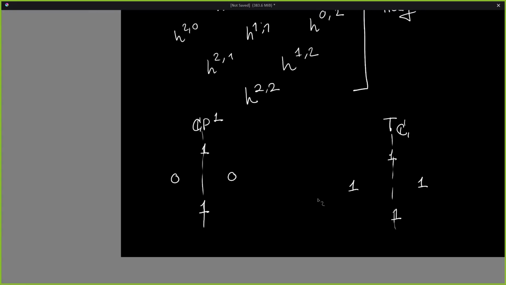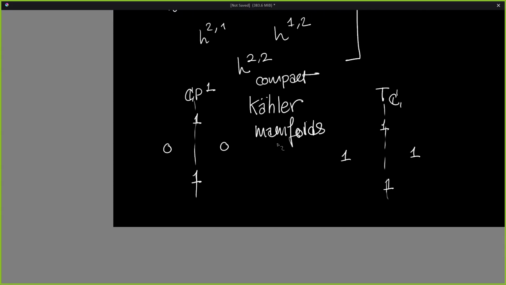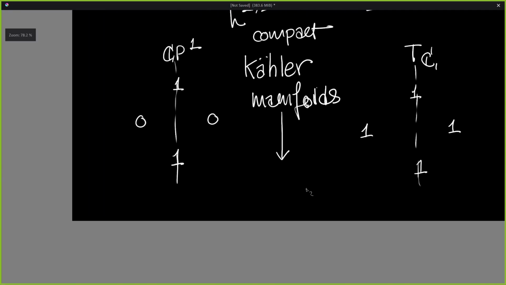This is given by the fact that these are both Kähler. This is a bit of a spoiler. These are both compact Kähler manifolds. And so on a compact Kähler manifold, there's a secret extra fact or symmetry, which is that H^{p,q} is equal to H^{q,p}.